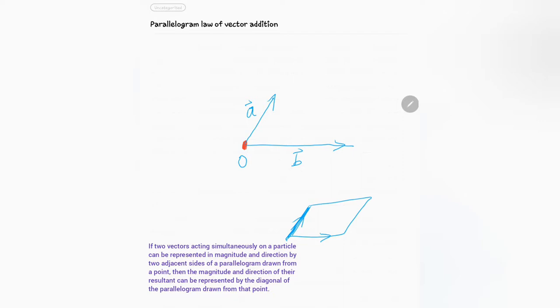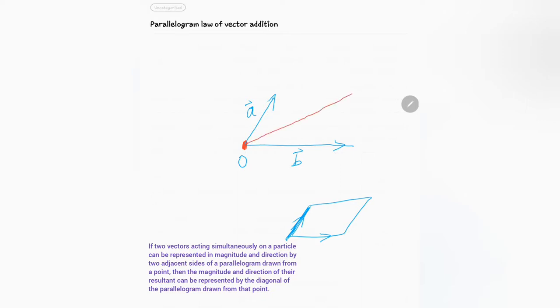So if you can represent two vectors acting on a particle at the same time by the adjacent sides of a parallelogram in magnitude and direction, then the resultant vector of the two vectors, in this case A and B, is represented in magnitude and direction by the diagonal of the parallelogram drawn from their point of intersection.